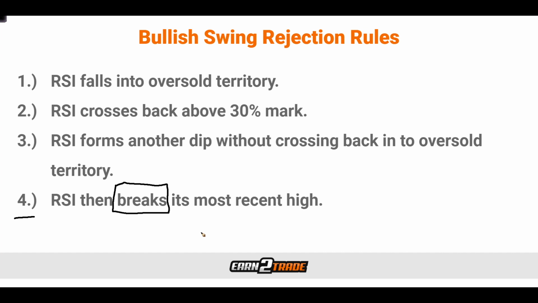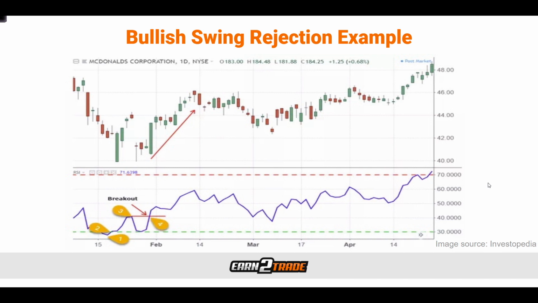So you can already see some of the similarities in these rule sets that go into trading support and resistance breakouts as well. Here we have an example of a bullish swing rejection. Remember, with step number 1, we have to first fall below oversold territory, which we did. Then the RSI worked its way back above the oversold territory line of 30, as you can see by step number 2.